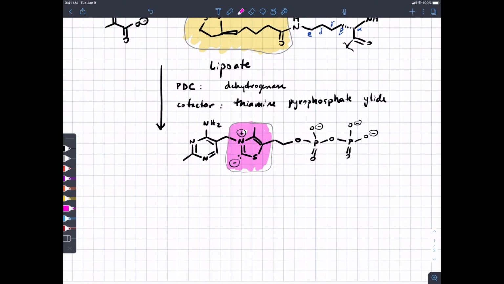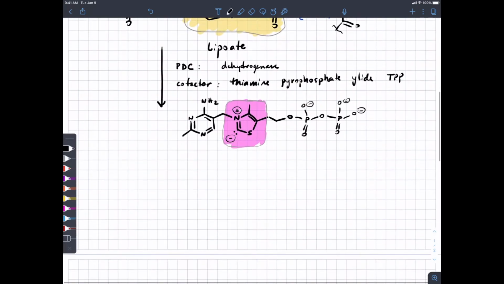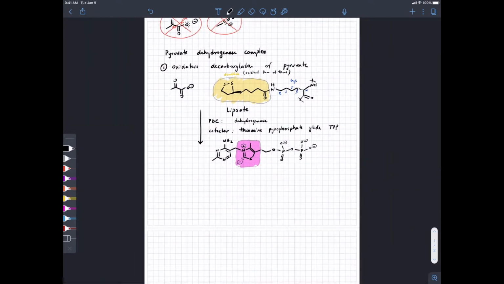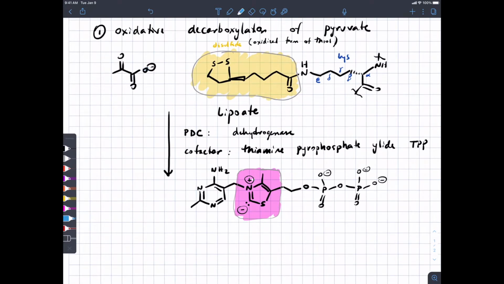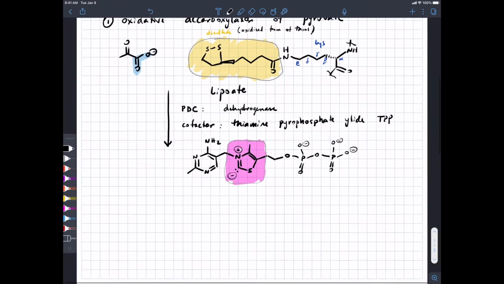And people, you can abbreviate thiamine pyrophosphate ylide as just TPP if you want. But the mechanism is really important here. When the reaction's done, we will have this portion of pyruvate come off as CO2.